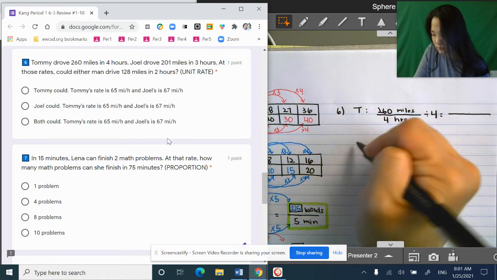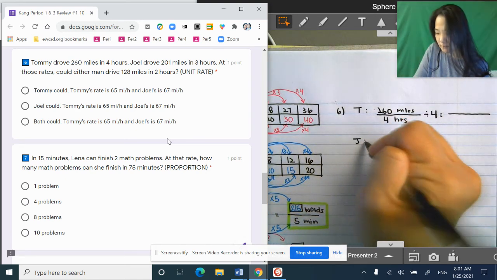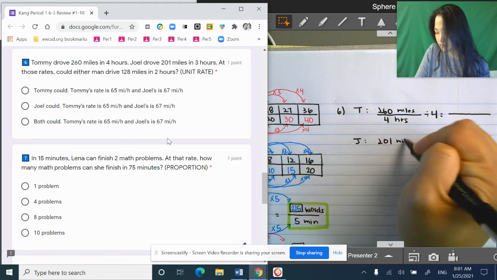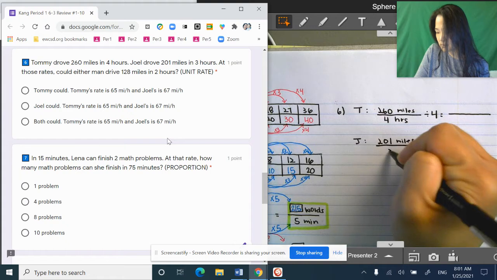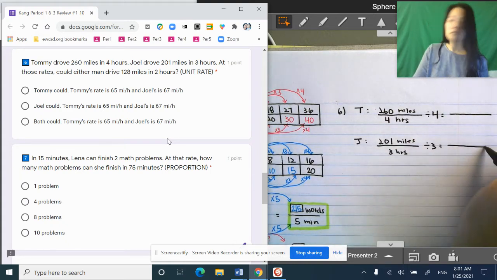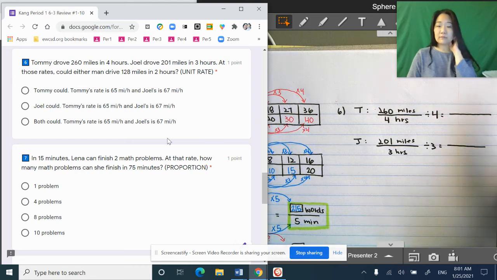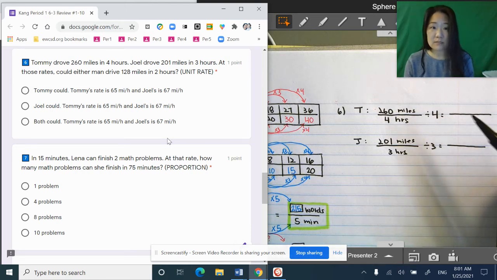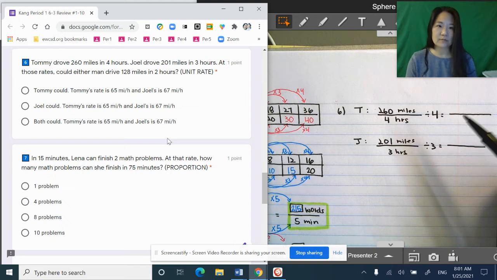And Joe, I'm gonna write 201 miles in 3 hours, and this one I'm going to divide by 3 to find the unit rate. But remember, once you do that, the question is not what is the unit rate. It says at these rates, could either man drive 128 miles in 2 hours?